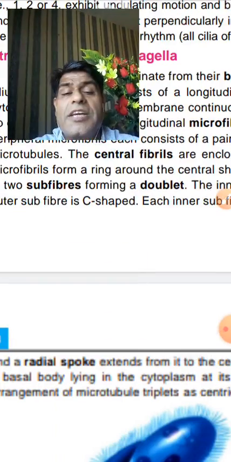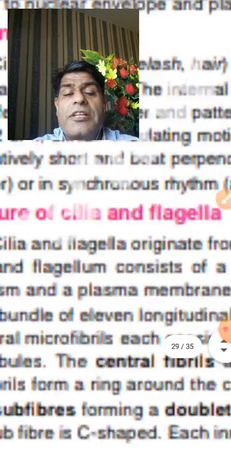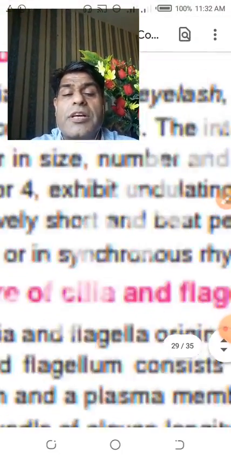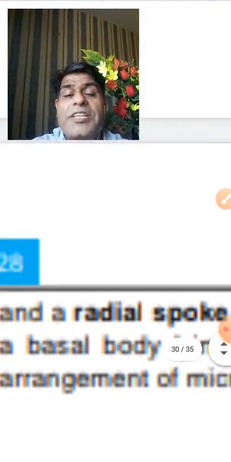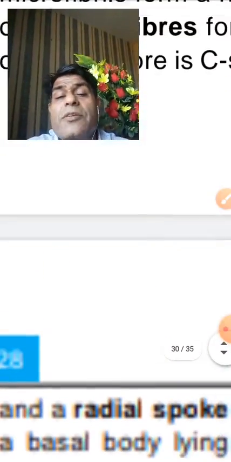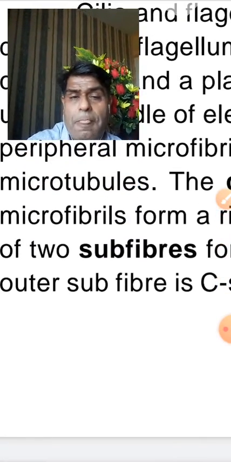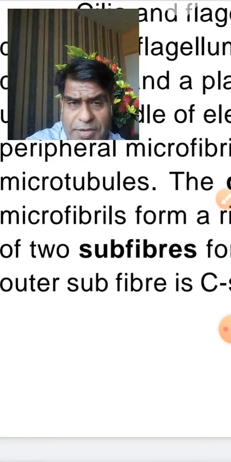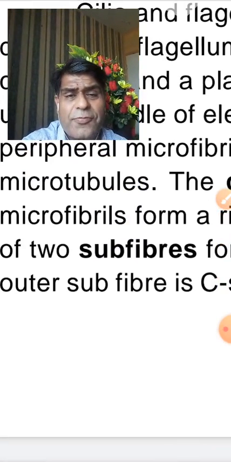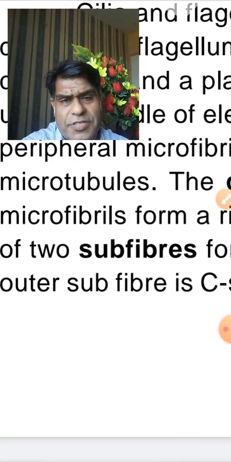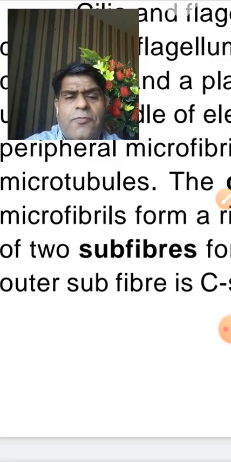So I have to tell you about these circles. I am talking about the subfibers: one fiber consists of further 2 subfibers. The 9 peripheral microfibrils further consist of 2 fibers, and these 2 fibers are called subfibers.